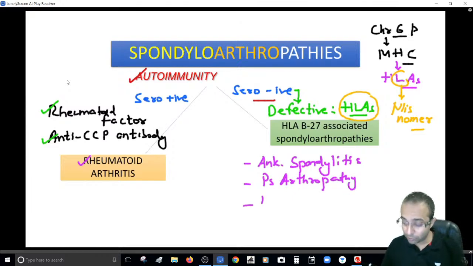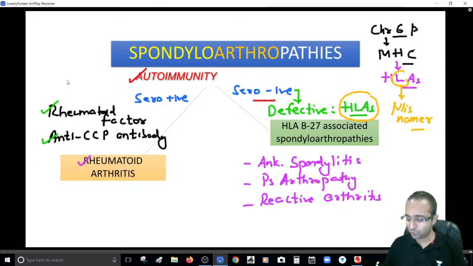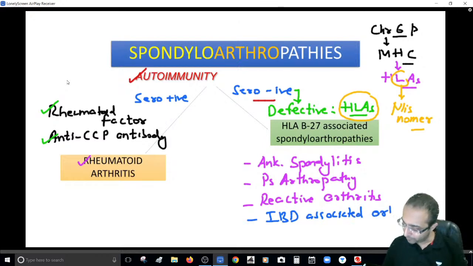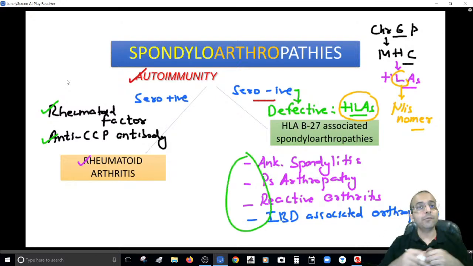This part also includes what we call reactive arthritis, and this part also includes what you call the inflammatory bowel disease associated arthropathies. So in all these conditions, there is a problem with the body's human leukocyte antigens, so you know that there is an element of autoimmunity. So this is what will come under the seronegative spondyloarthropathy.